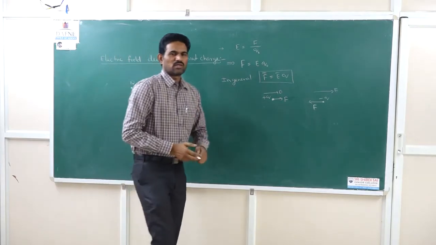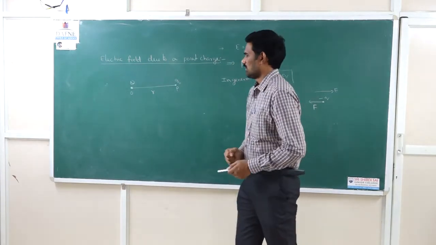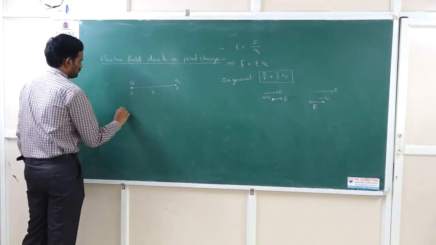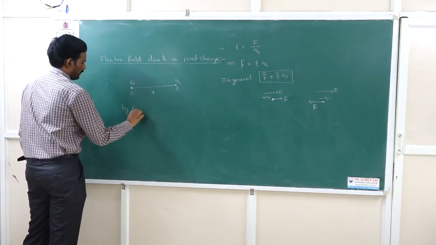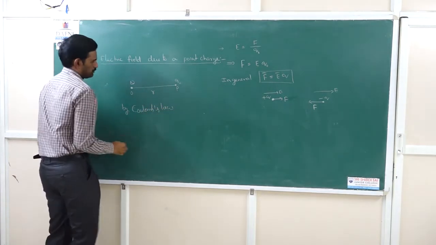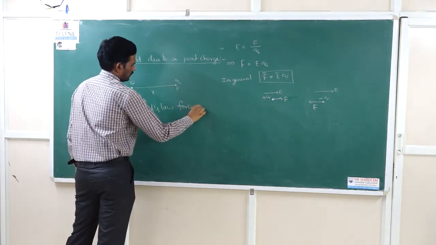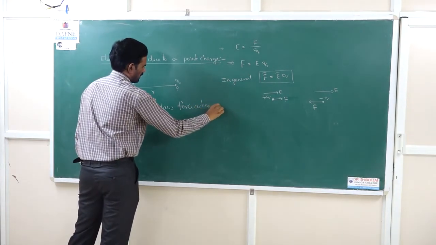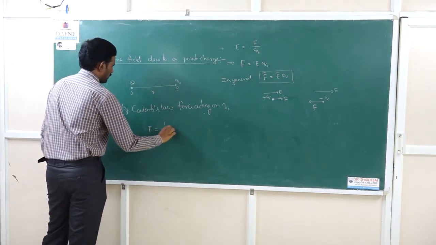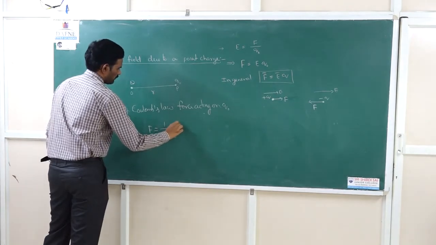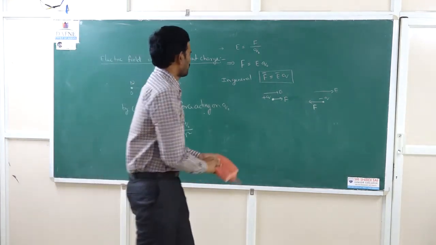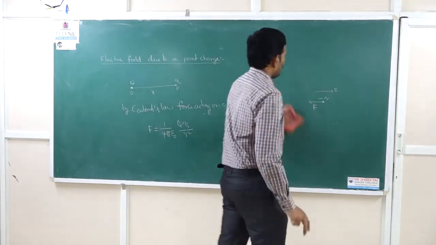Now, by Coulomb's law, the force acting on Q0 can be expressed as F is equal to 1 by 4 pi epsilon naught into capital Q into Q0 by r square. So it is the force experienced by the positive test charge Q0.